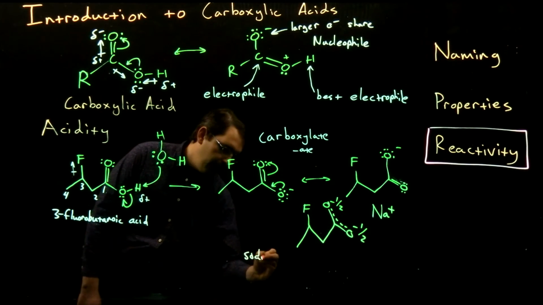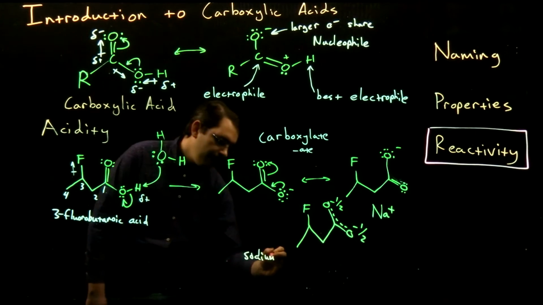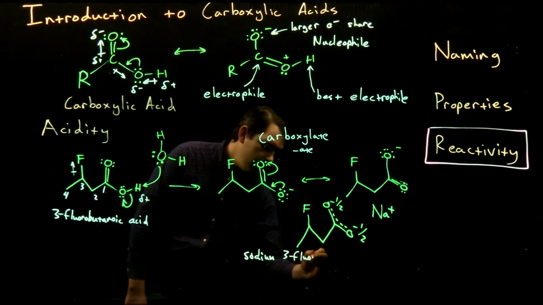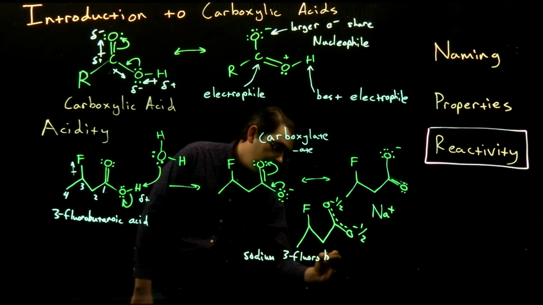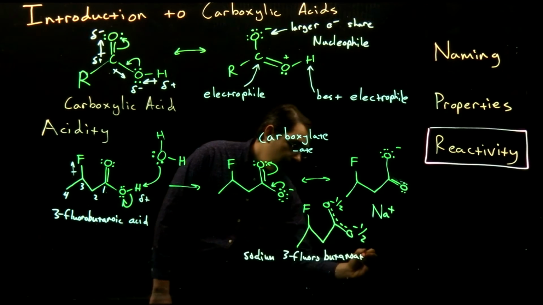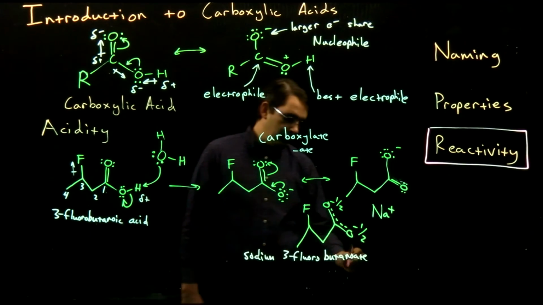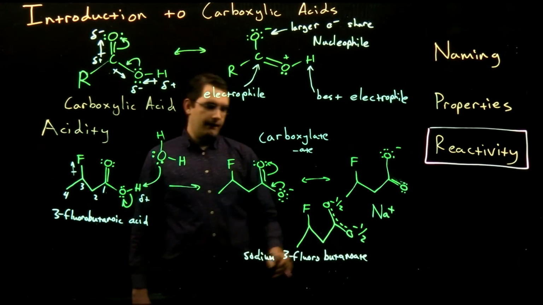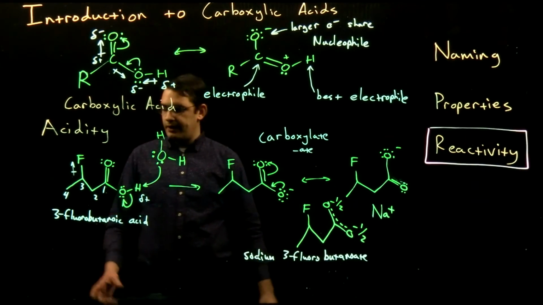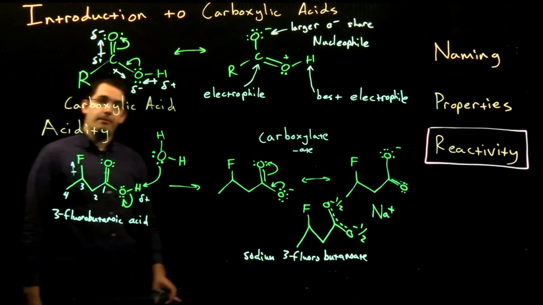So it becomes sodium, and then we have our 3-fluoro, and then this is going to be butanoate, and it's with that ATE ending there for our negative charge. So sodium 3-fluorobutanoate versus our 3-fluorobutanoic acid.